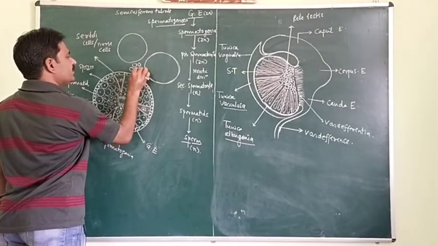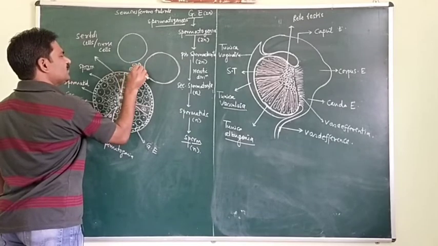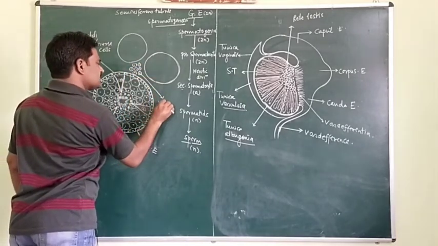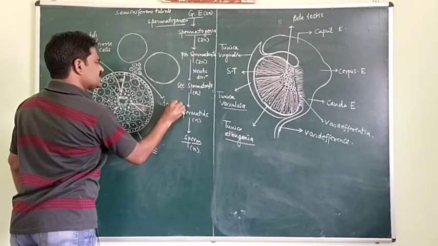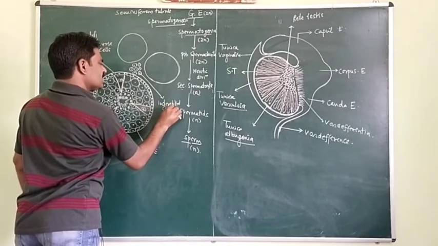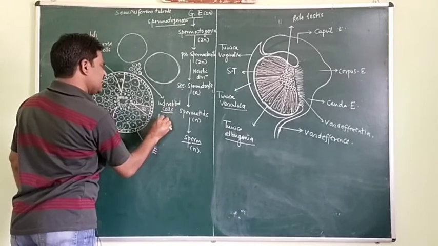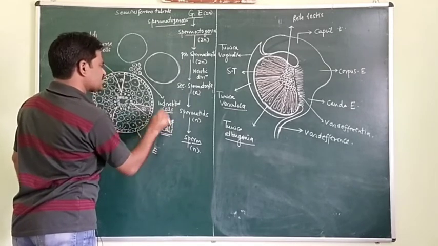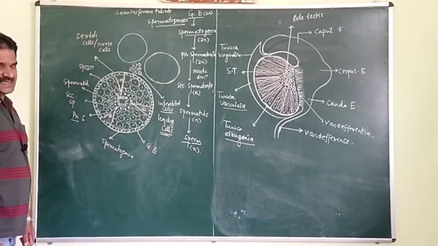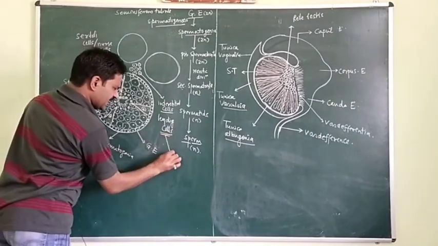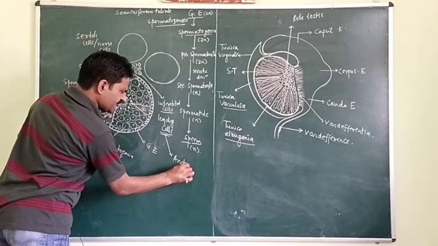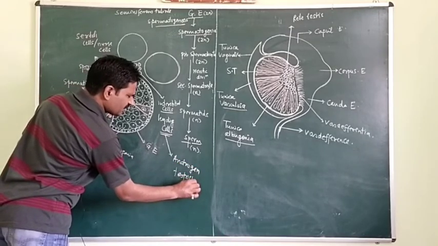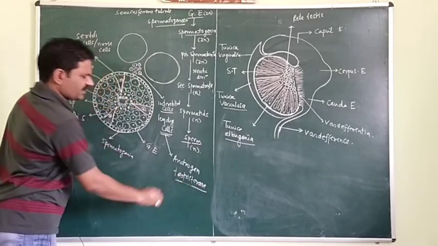That group of endocrine cells is called interstitial cells, or they are also called Leydig cells. And these interstitial cells or Leydig cells secrete the hormone called androgen or testosterone.